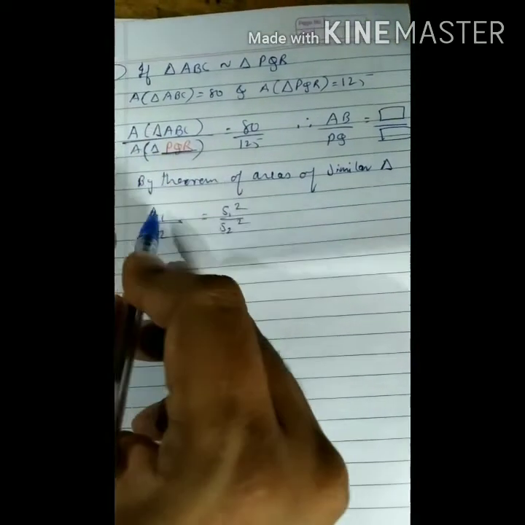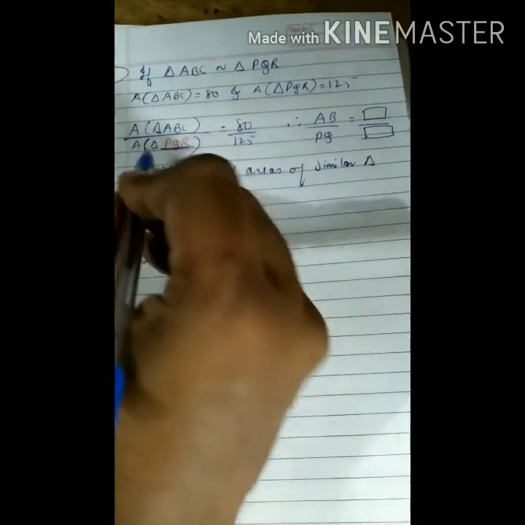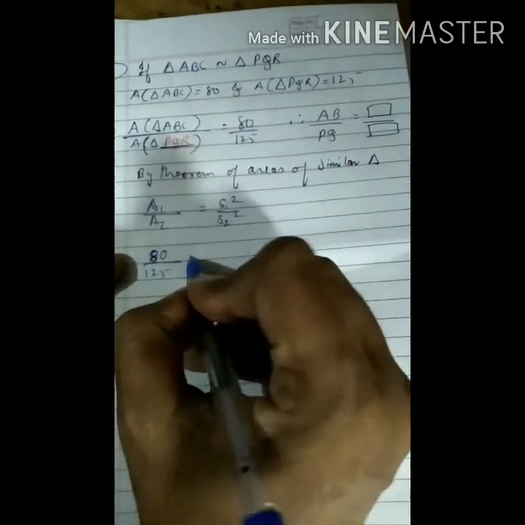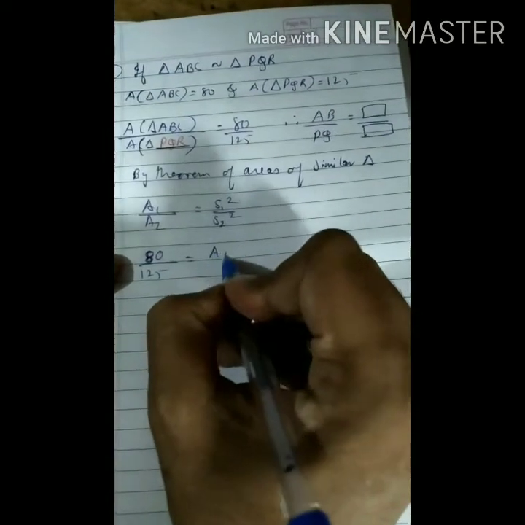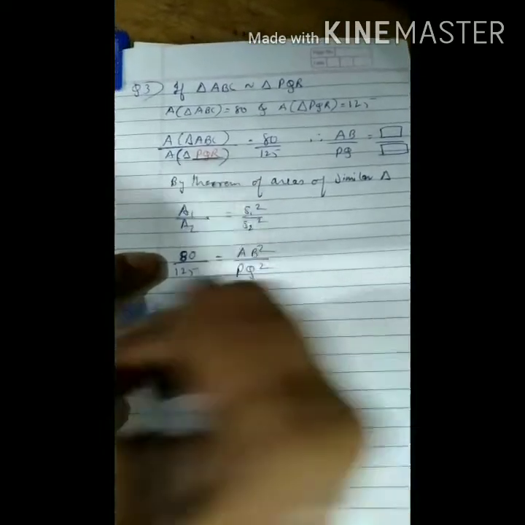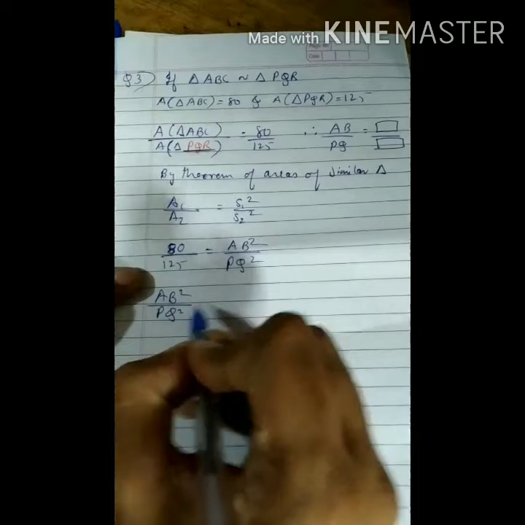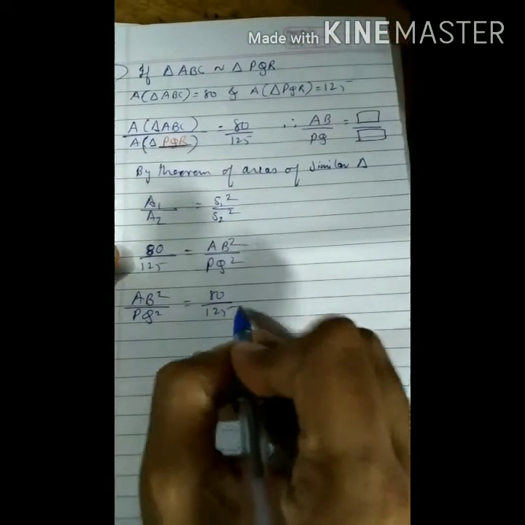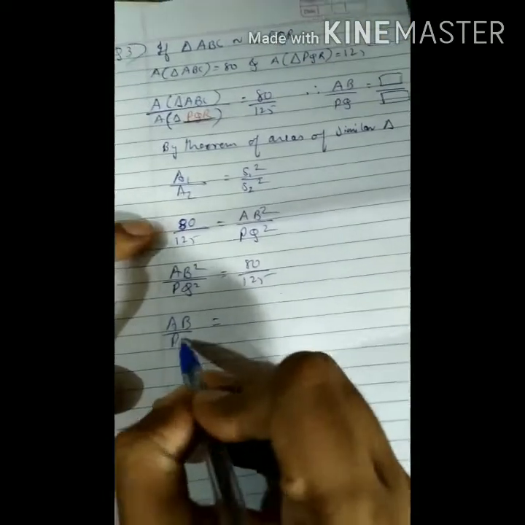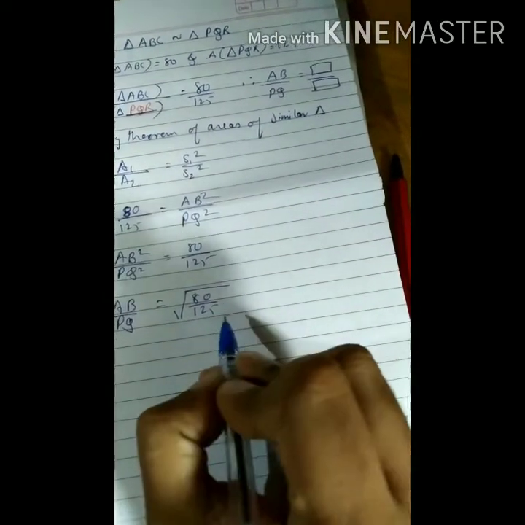So A1 is given 80, A2 is 125, S1 that is AB square upon side 2 is PQ square. So I'll change the sides here. AB square upon PQ square is 80 upon 125. And I'll remove the squares here. By taking square root, AB upon PQ is equal to under root 80 upon 125.